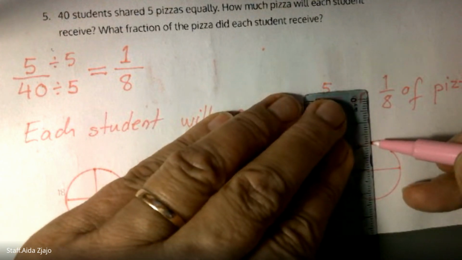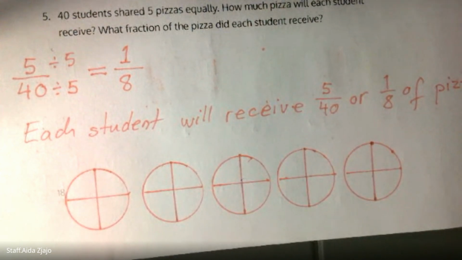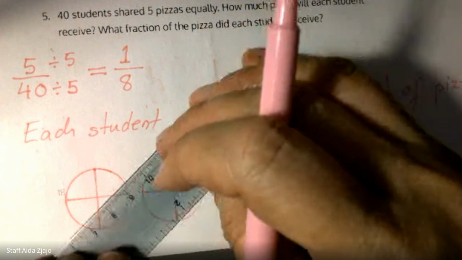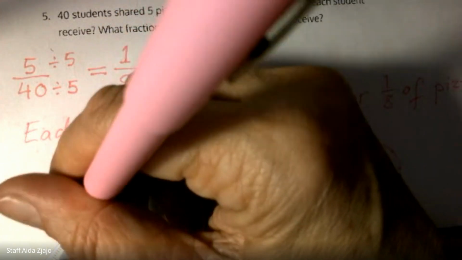So now I have 5 times 4, 20 pieces. Now each fourth, when you divide it in half, will give you the 8.